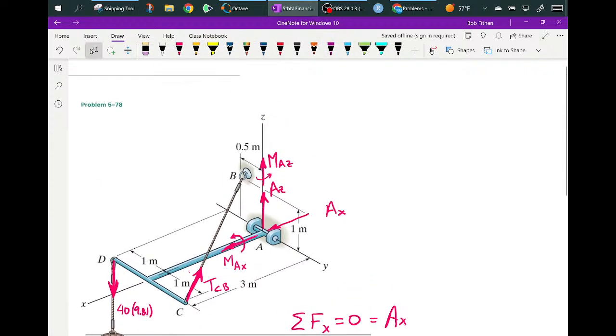If I really look at it, I'll say, okay, what is TCB as a vector?